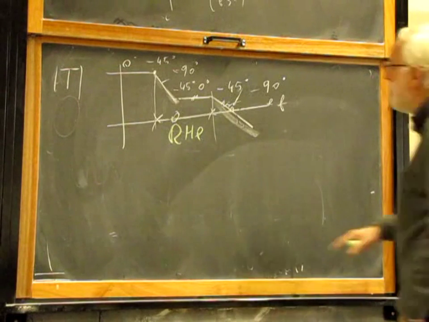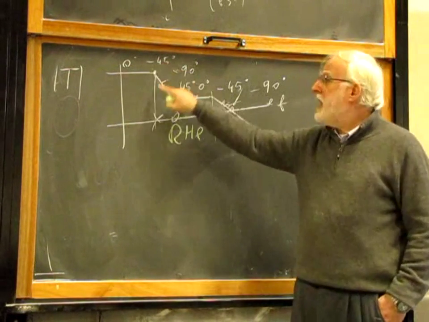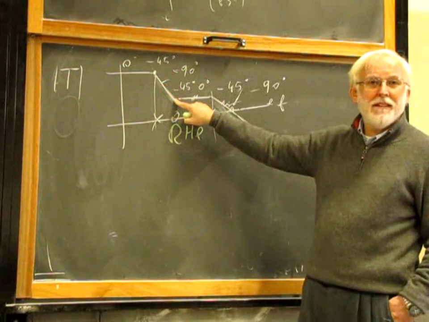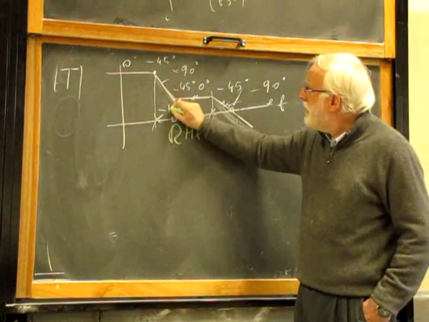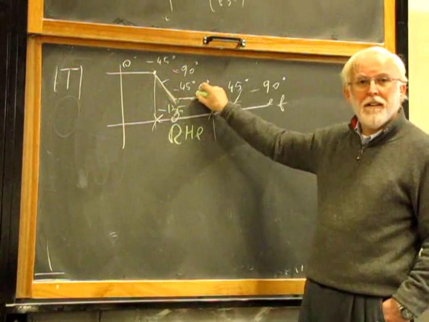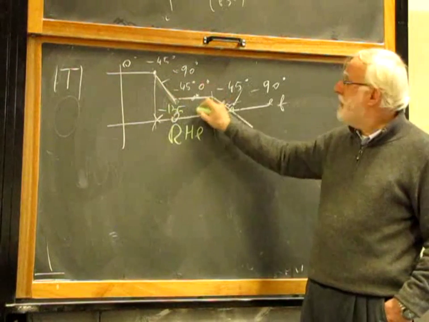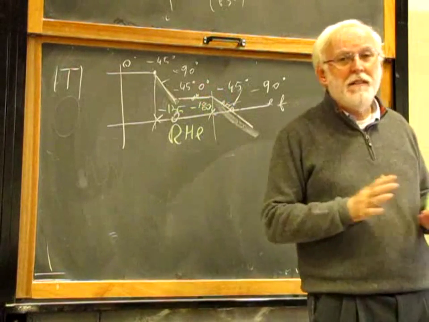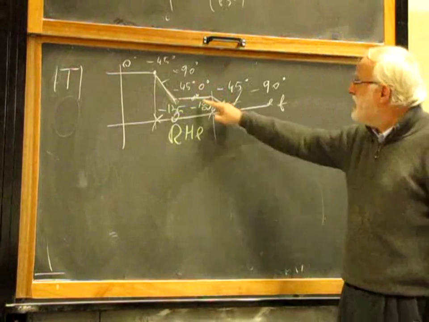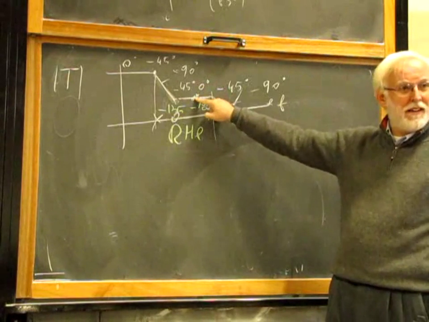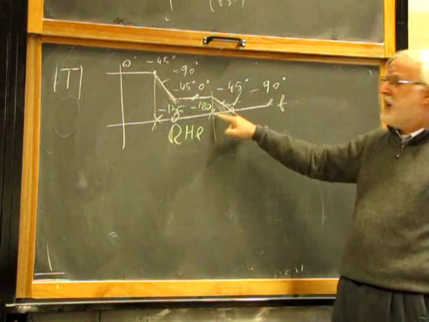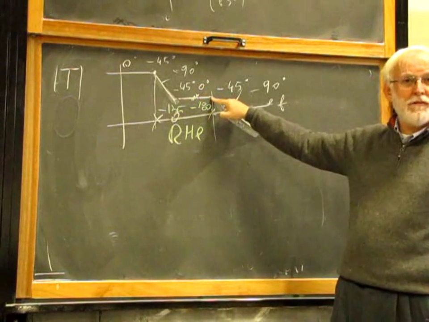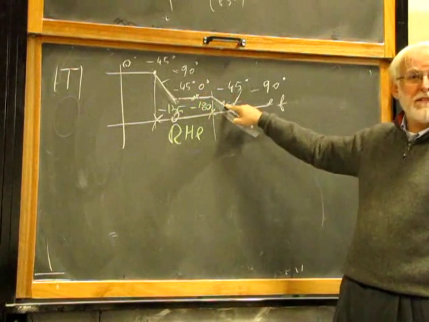So, phase is negative 45, negative 90, negative 135, negative 180. Our phase margin has gone, well, not yet sure, but if I want to go down from here to crossover, I need to add a pole. If I add a pole, here I will have negative 225 degrees, here negative 270 degrees.